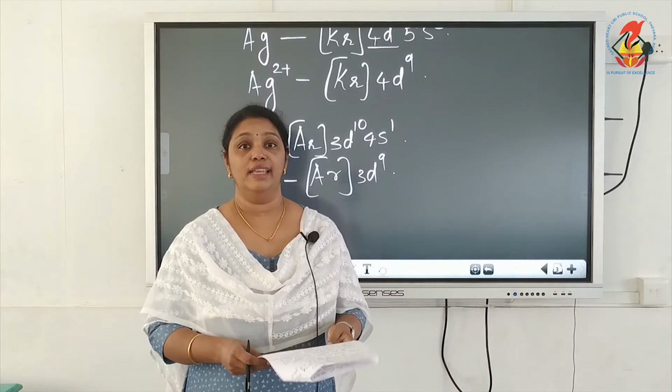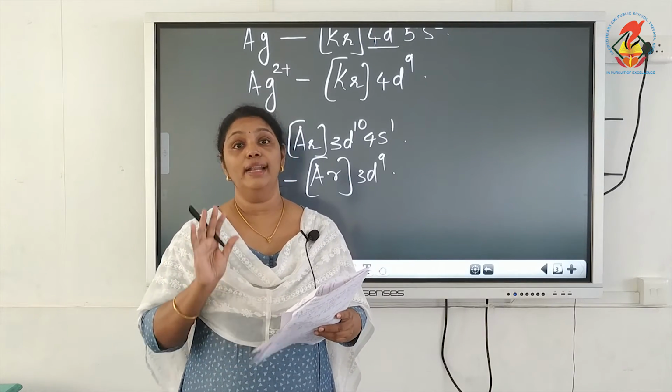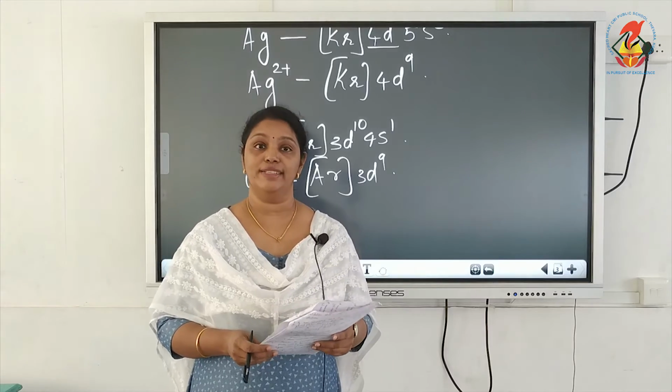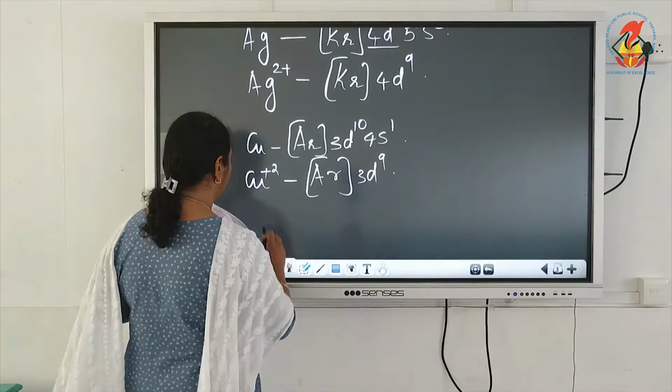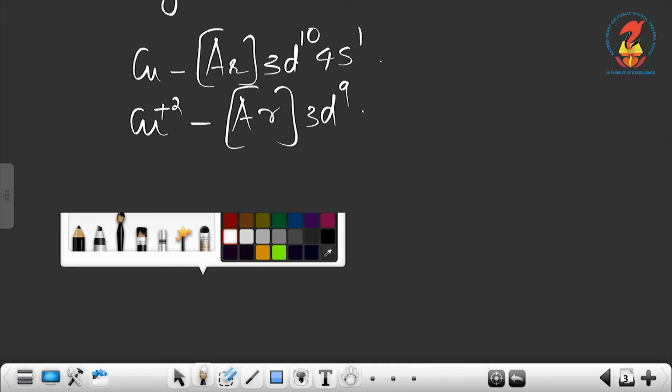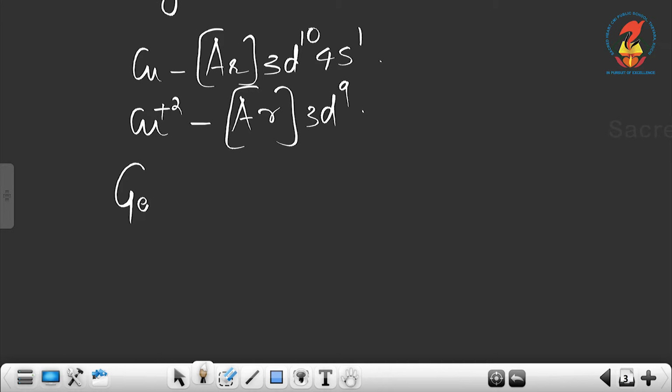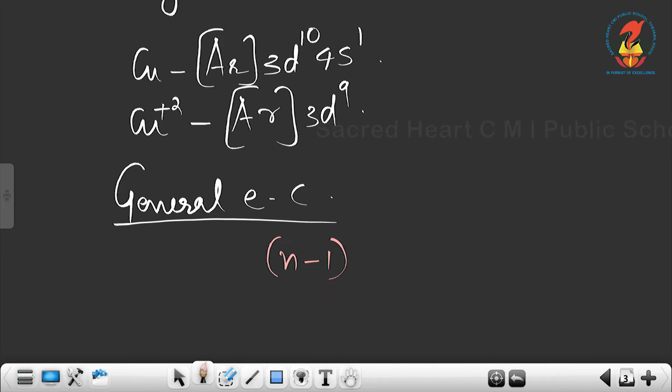Now, the next is, what is the general electronic configuration of transition elements? So let's write the general electronic configuration. The general electronic configuration of a transition element is (n-1)d 1 to 10 ns 1 or 2.